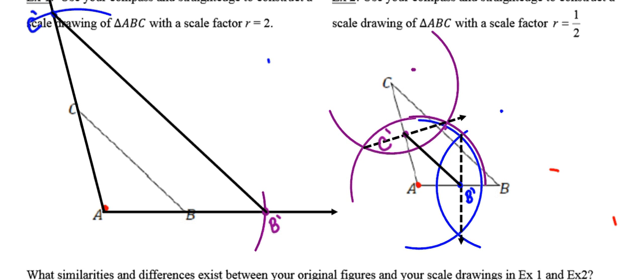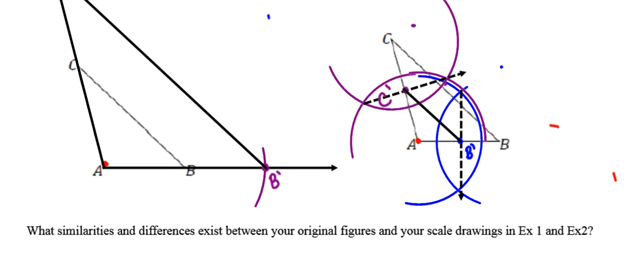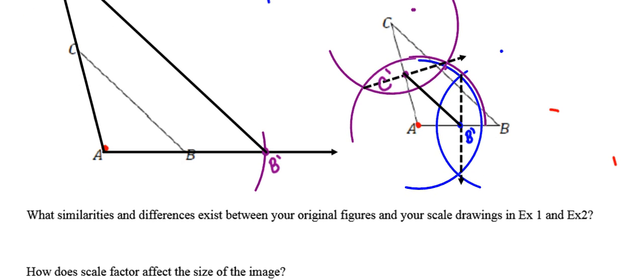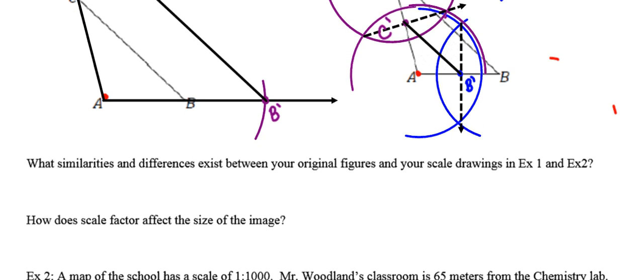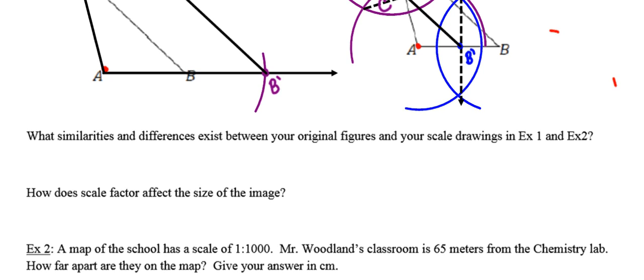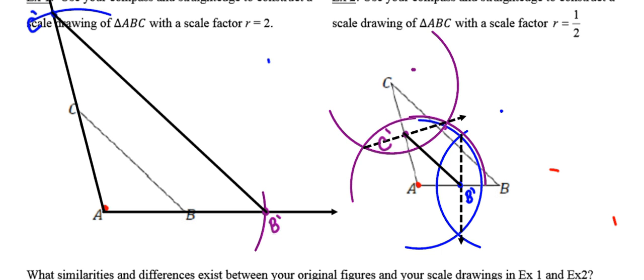All right, down here they want to know what similarities and differences exist between the original figures and our scale drawings. Well, similarities, angle measures are all the same. Angle B in the old triangle has exactly the same measure as angle B in the new triangle. Likewise over here, angle B in the old triangle has exactly the same measure as angle B in the new triangle. They're exactly the same.